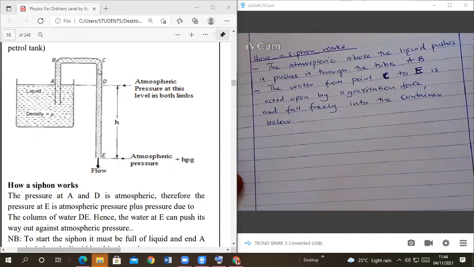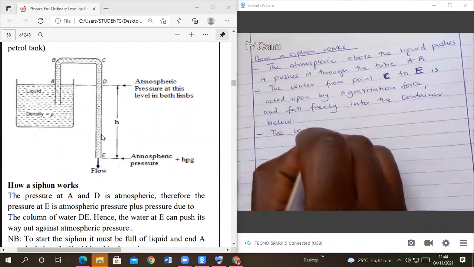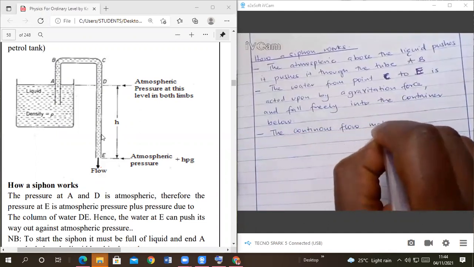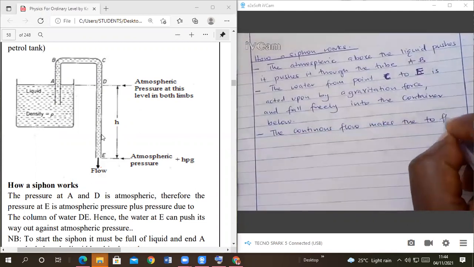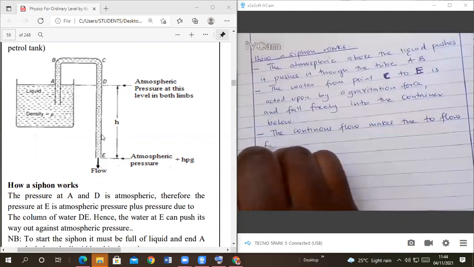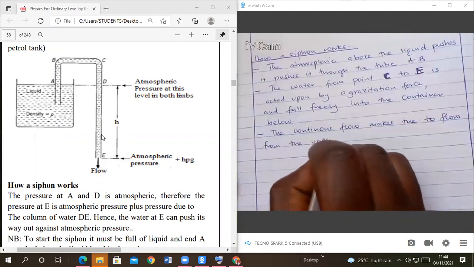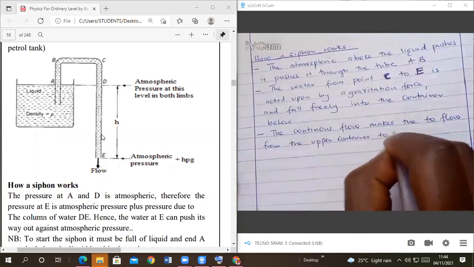So that continuous flow of the water will make that water flow from the upper container to the bottom container.